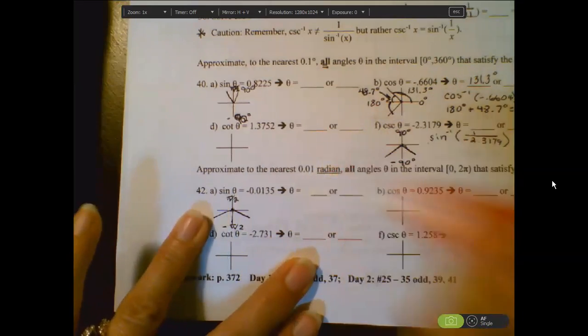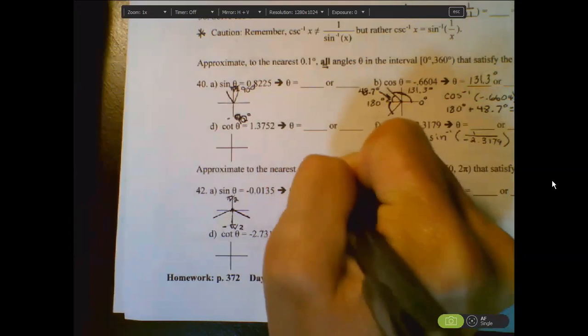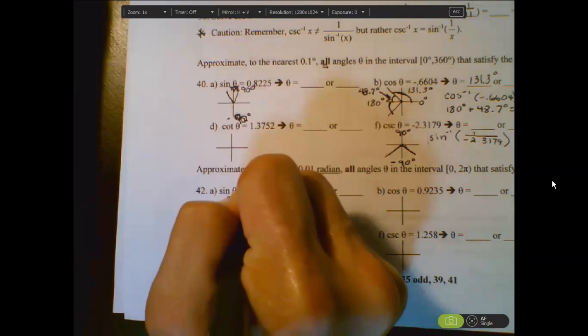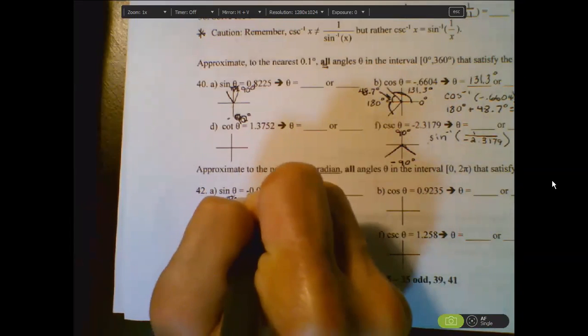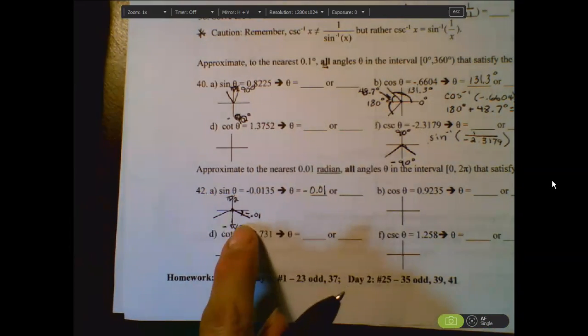I knew it was a tiny little angle. -0.01, is that what you said? Yes. Okay, and Evan, you're okay with that? Yeah. Okay, so this is -0.01 radians below the positive x-axis.